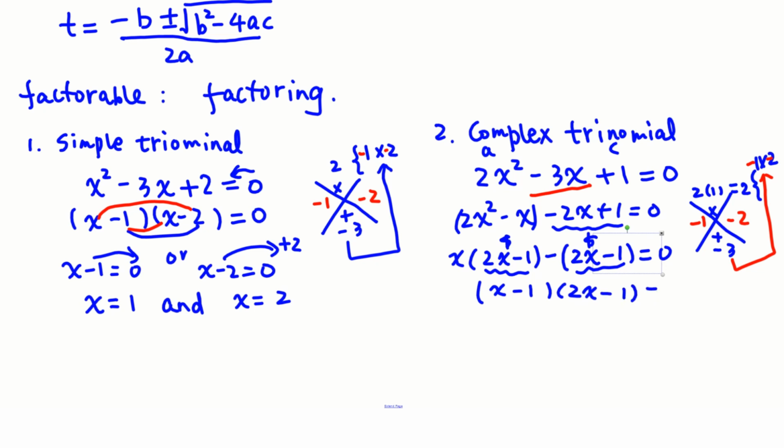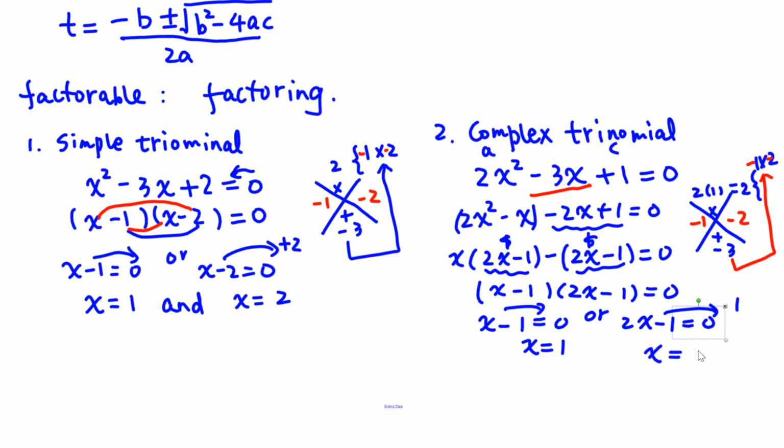Once we have this factored form, let each bracket equal 0. We are looking for the value of x that will make each bracket equal 0. So the first one is x equals 1, and for the second one, move the 1 to the other side as plus 1, then move the 2 to the other side as division.